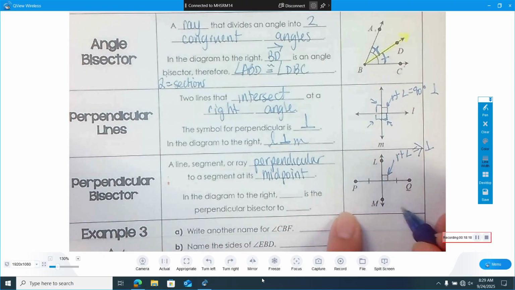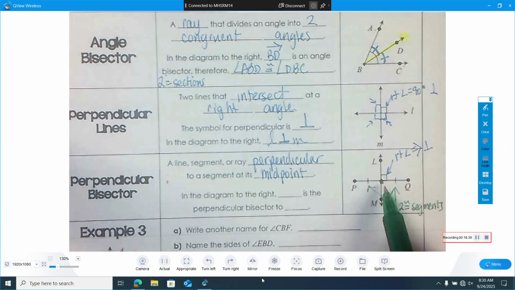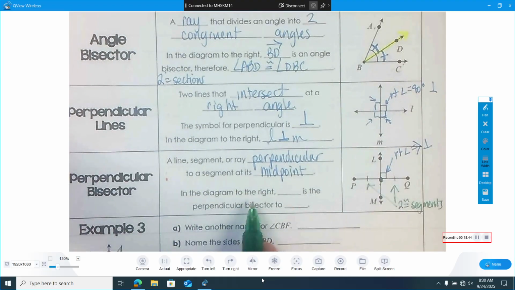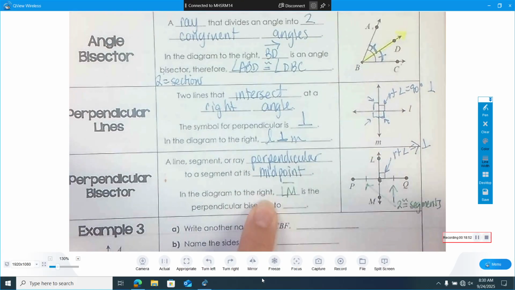And I also see the markings here. This is a little congruence mark and another congruence mark. We have 2 congruent segments, which means this intersection must be the middle of the segment. And so we have a midpoint there. So in the diagram, we could say segment LM, or line LM.